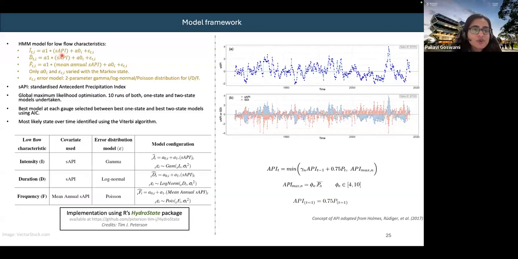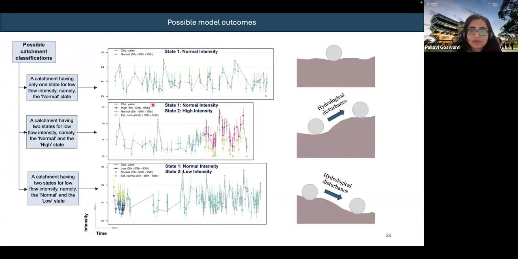This time I wasn't using the climate drivers like I did in the previous study, but this study directly dealt with something called the standardized API, and API is the antecedent precipitation index. This follows from a very clear logic that precipitation conditions dictate the streamflows that we observe. So just to keep things simple, I just dealt with precipitation as a covariate here instead of the large-scale climate drivers. So yeah, again, the IDF models and then feeding into the hidden Markov models to understand the different possible states.